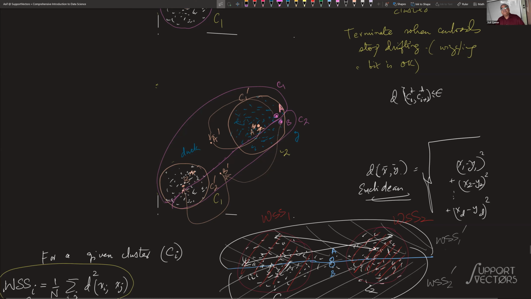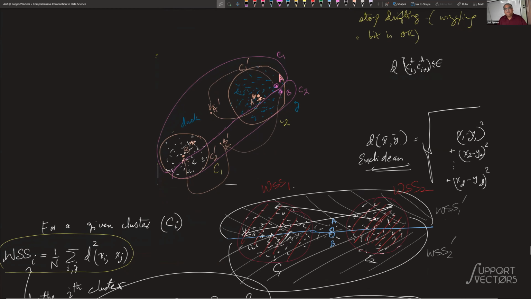And you need a distance metric. You need to be able to define the distance between 2 points. Quite often we assume Euclidean distance. It need not be Euclidean. It could be any other form of distance. So long as you can define a distance between 2 points, you could go about doing clustering.